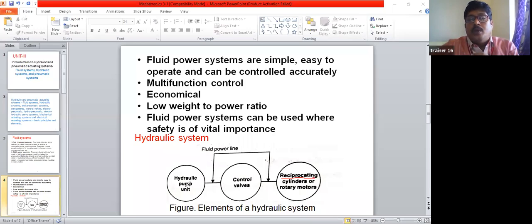We can control the pump sucking the liquid, so whatever required amount we need, there is some control we have to arrange. Thereby this fluid power line passes through the cylinders as well as motors to operate or function. So these are the elements of our hydraulic system.